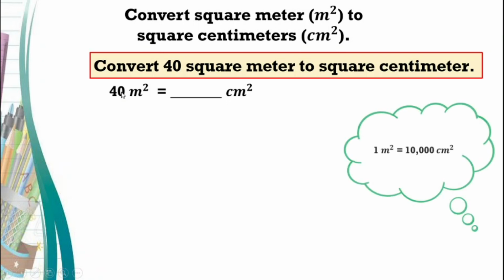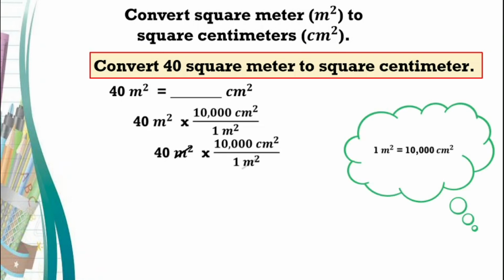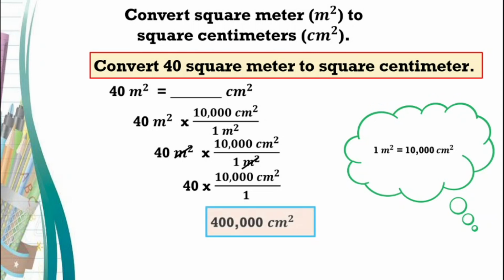The answer is 400,000 centimeters squared. So, 40 multiplied by 10,000, the answer is 400,000 centimeters squared.